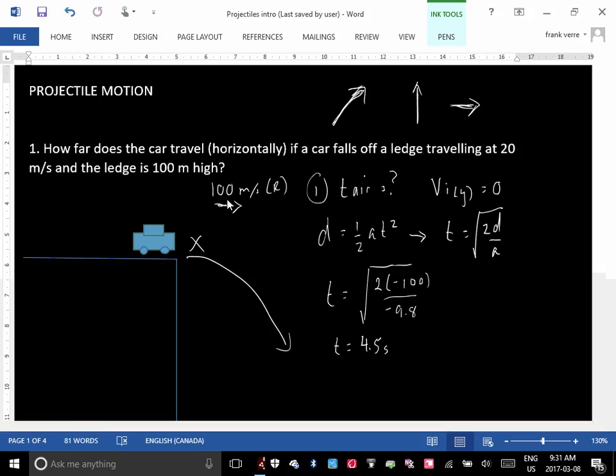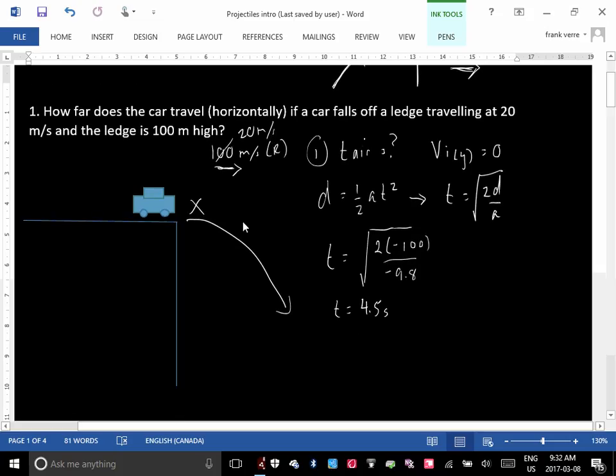Remember, the big idea is consider the x and y independently. Sorry, 20 meters per second. Yes, 20 meters per second, not 100. So its initial speed down is 0, but its speed to the right is 20 meters per second. So we know now that it takes 4.5 seconds to hit the ground.